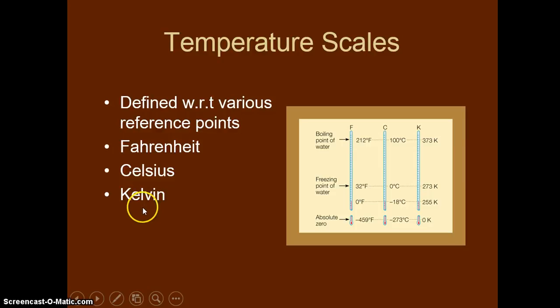This is the absolute scale where the lowest temperature is 0, for example. As it says here, on the Fahrenheit scale, the lowest temperature is negative 459, and then on the Celsius scale, it's negative 273 degrees Celsius.